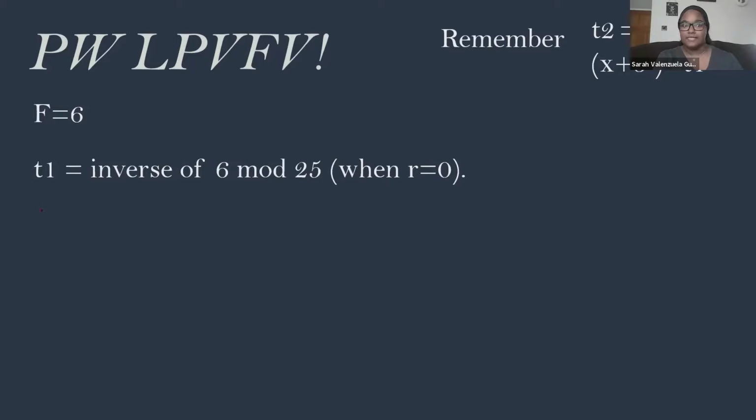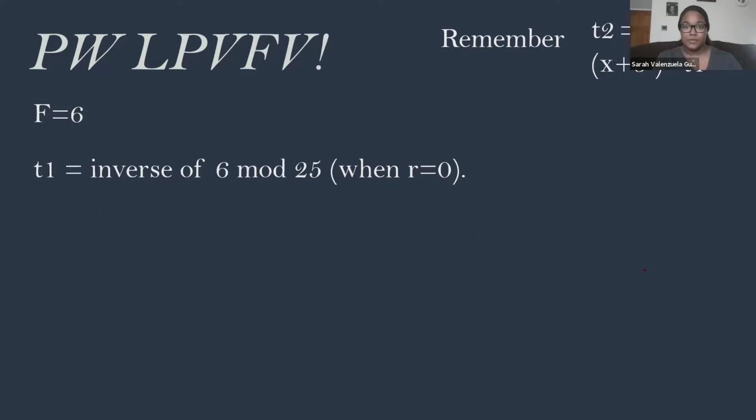So we have our first line that is going to be 25 over 6. Our quotient is going to be 4, and our reminder is going to be 1. We know that T0 in the first row is 0, T1 in the first row is 1, and our T2 in this case is going to be 0 minus 4 times 1.